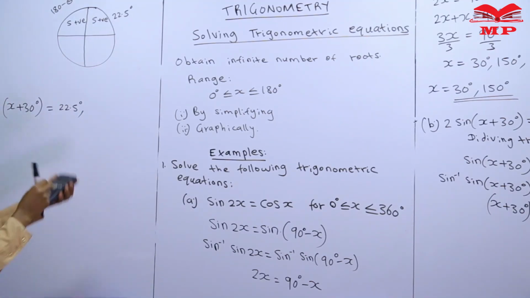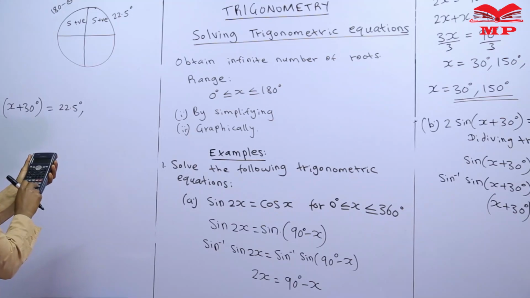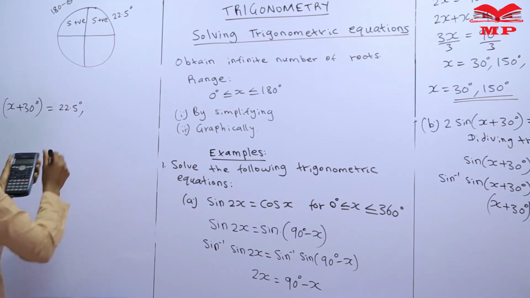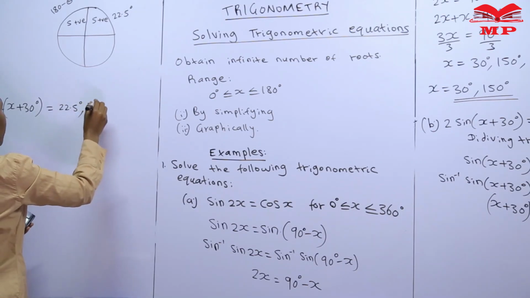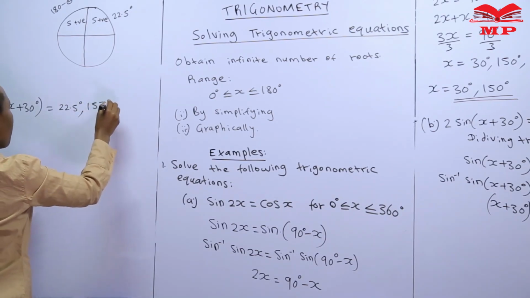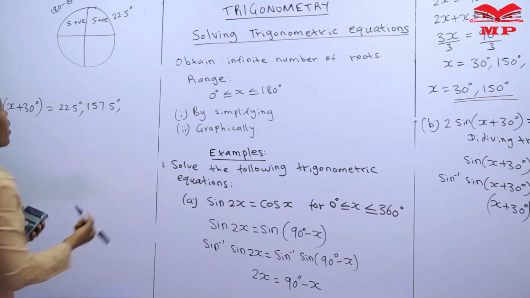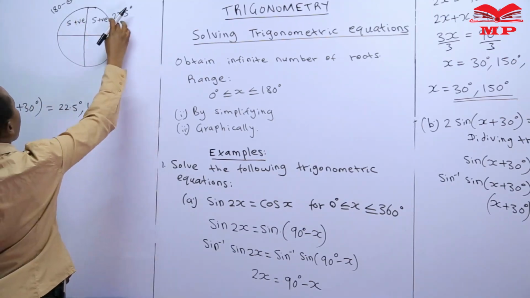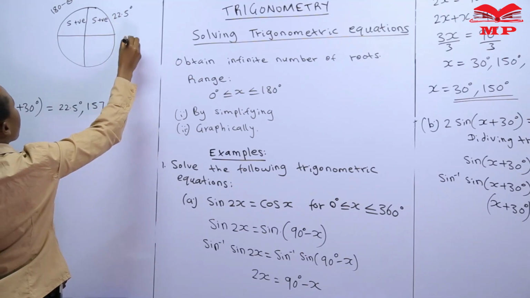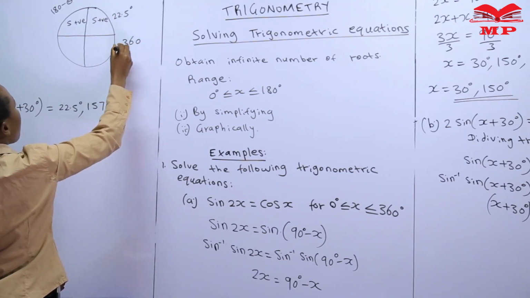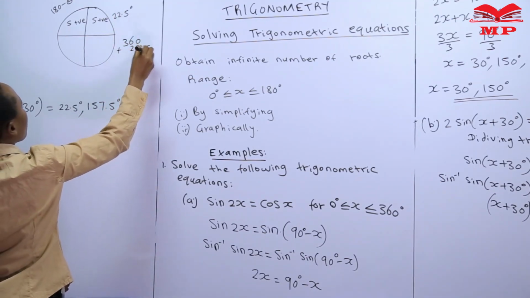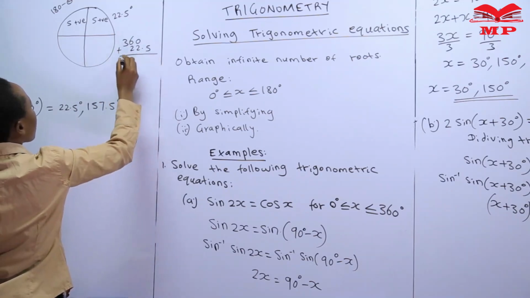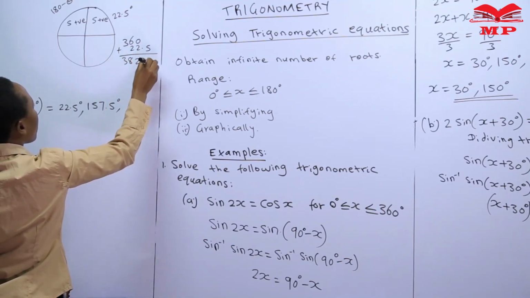So we'll have 180 minus 22.5, which gives 157.5 degrees. Then again, if we move one more round to come back on this side, we'll have the other one as 360 plus 22.5, which will give us 382.5.